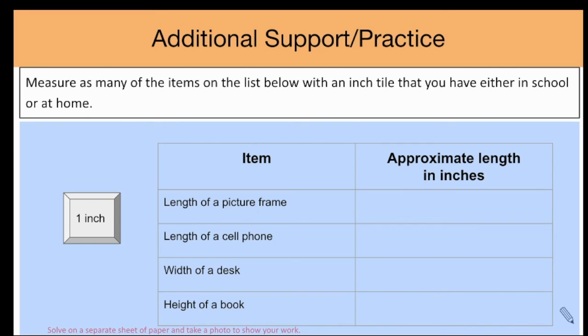You will want to measure the length of a picture frame, the length of a cell phone, the width of a desk or how wide it is, the height of a book. You're going to write these measurements in the blanks here where it says approximate length in inches. And don't forget to save your work to show it to your teacher.